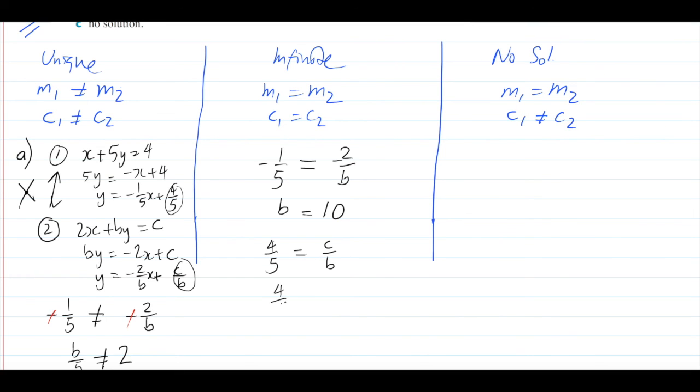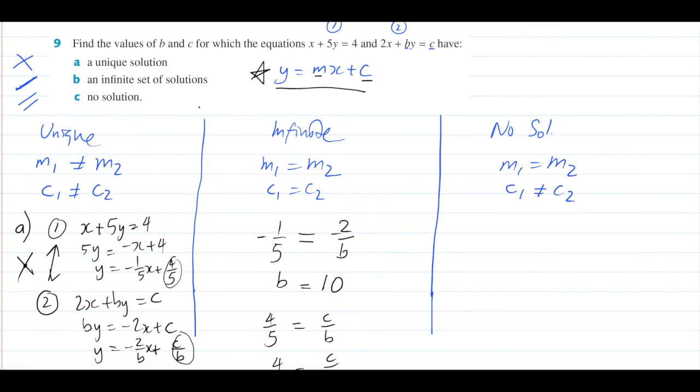We know that b is equal to 10, so therefore c is equal to, well, 4 times 10, which is 40, 40 divided by 5, which is 8. So when b equals 10 and c equals 8, you have infinitely many solutions, or a set of infinite solutions. Okay, so that's how you solve for part B.